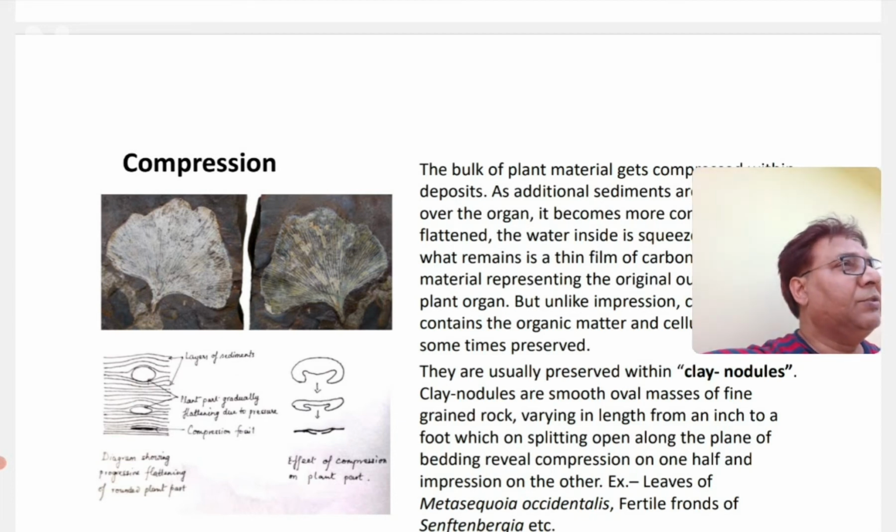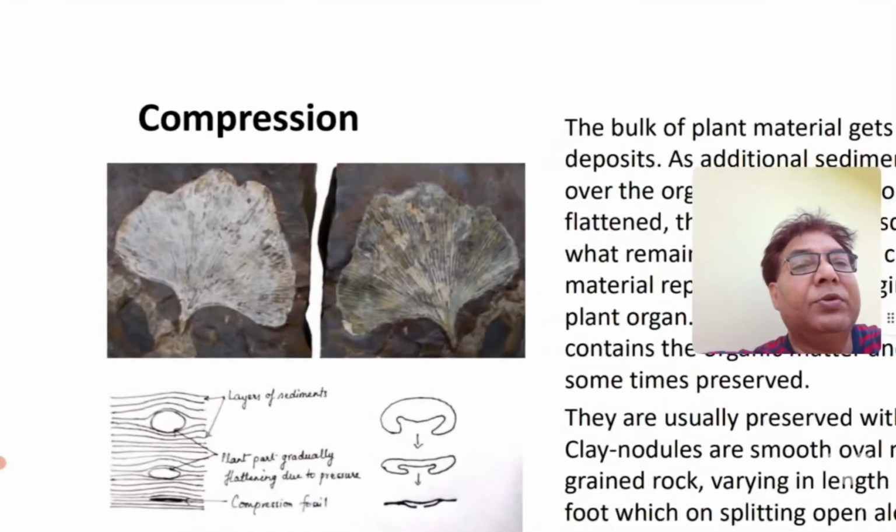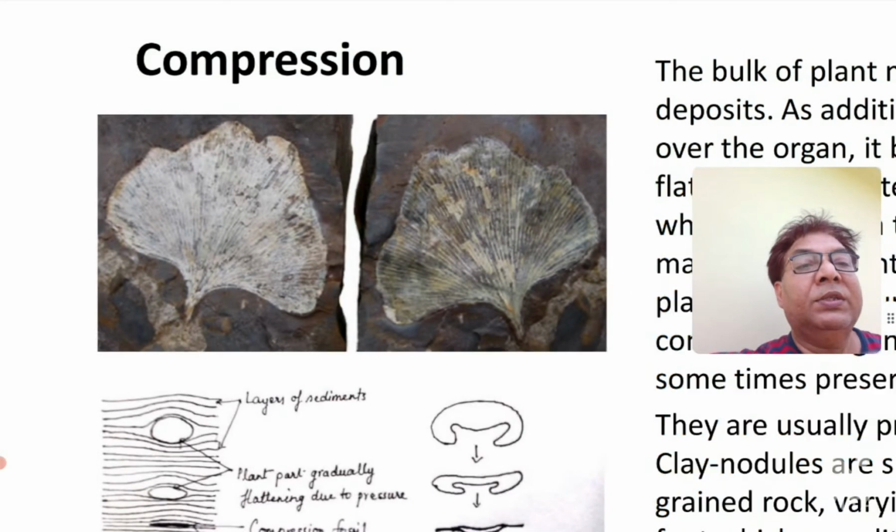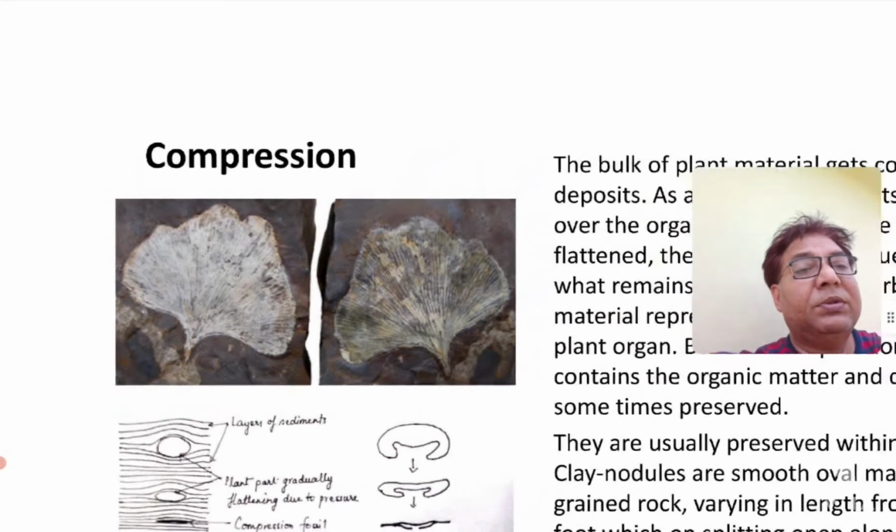On one side it will reveal the compression, on the other side an impression. This is an example of a Glossopteris leaf. Here the left one is the impression, and the darker one on the right is the compression. So impression and compression both come together.